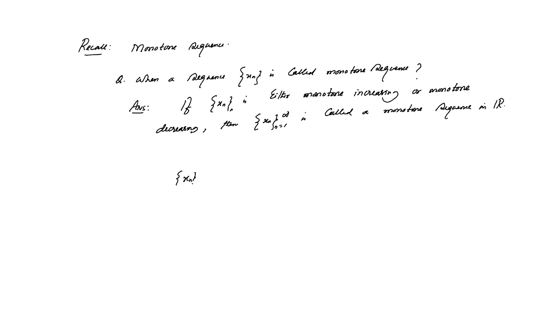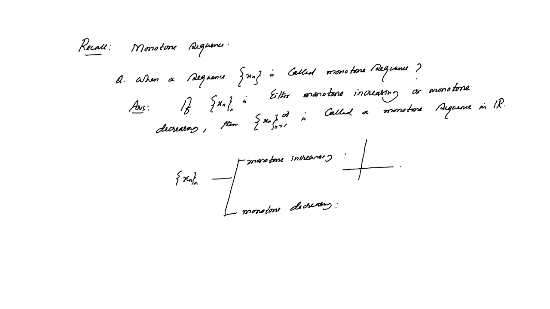So here it is a sequence. We can divide it in the sense of monotone: monotone increasing, and another type, monotone decreasing. Now we need to know exactly the meaning of monotone increasing and monotone decreasing.